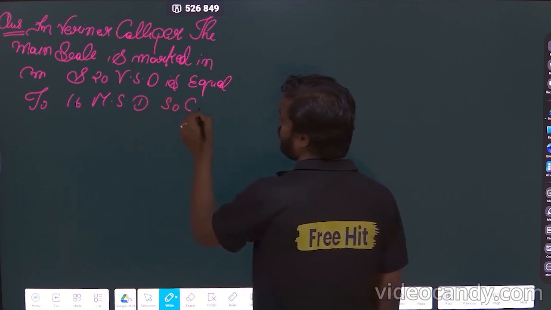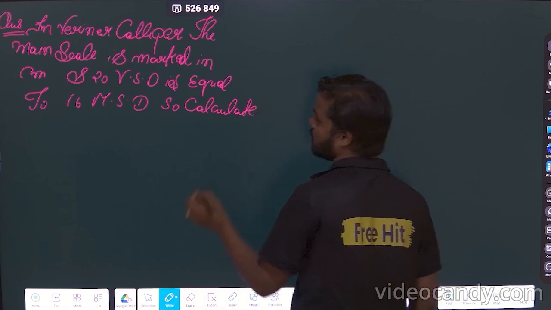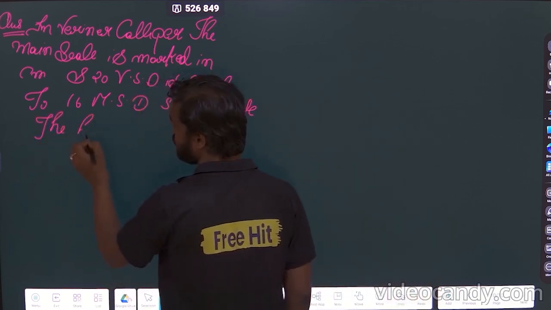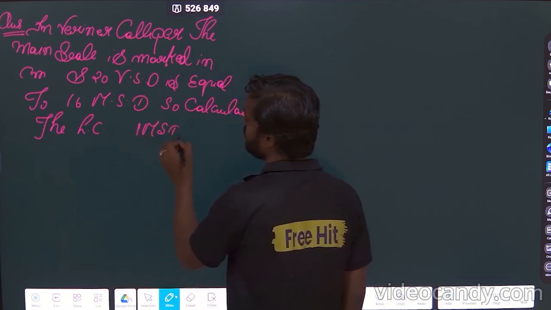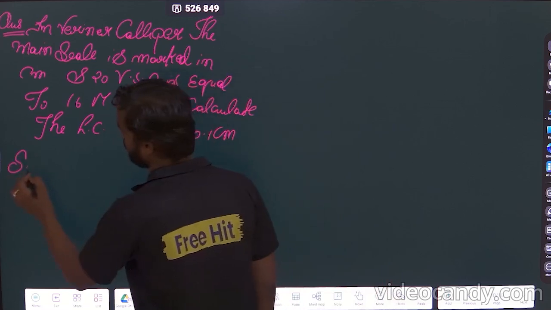So calculate the least count, and remember 1 MSD is equal to 0.1 centimeter. Then how will you solve?